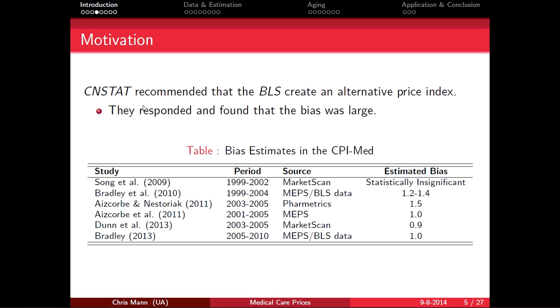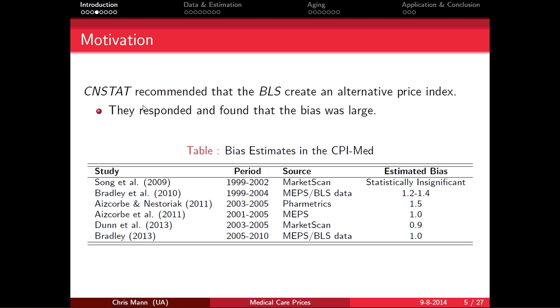So if the CPI for medical care was estimating the average rate of inflation being about 3.8% in the 2000s, then in reality, the medical care inflation rate was only about 2.8, which is only a little bit above the CPI, or the headline rate.